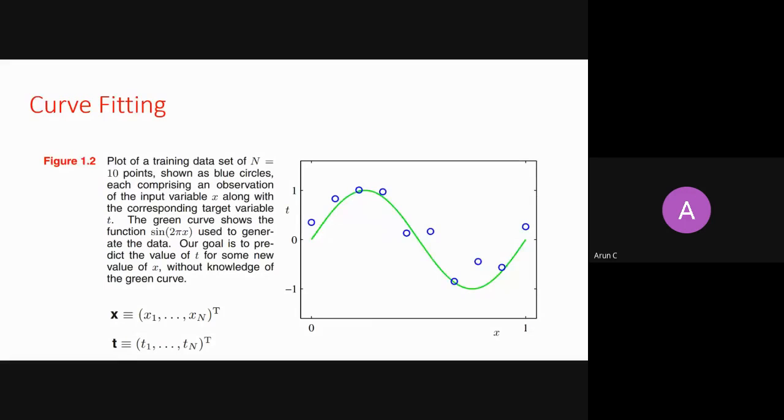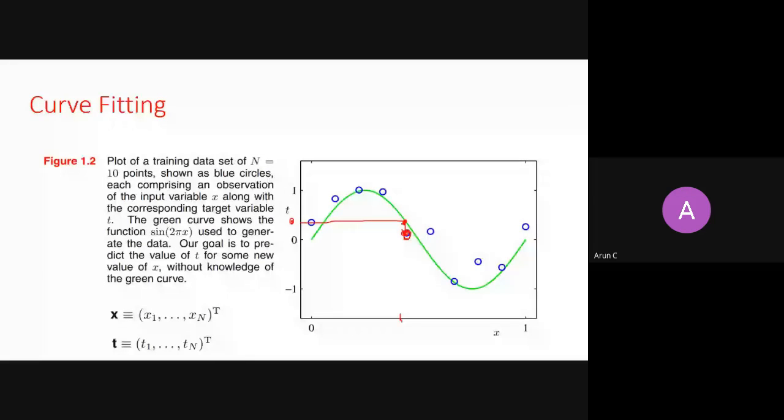That's how we get x comma t pairs. Let's say this is my x, and the corresponding sin x is this value. Now you add some noise to it, and this is what we get, this blue dot. So this is how we got these 10 points.